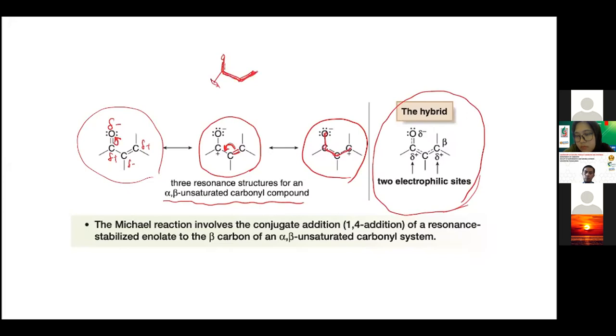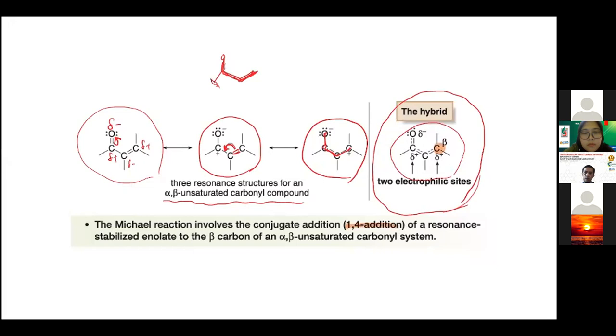So the nucleophile always attacks here. This is a very easy site to attack, and it's called the 1,4 addition reaction.